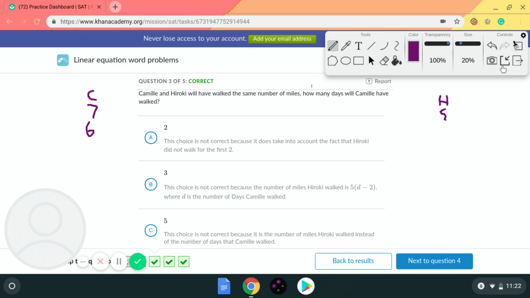Next, 5. So let's reset the tables again, except here, because the 7 is standard.